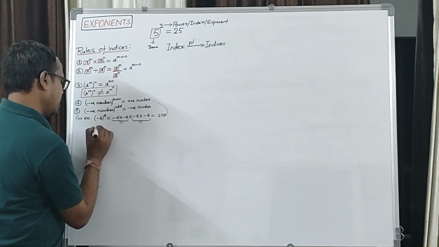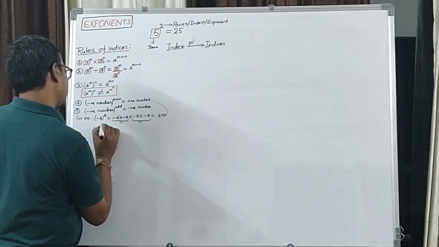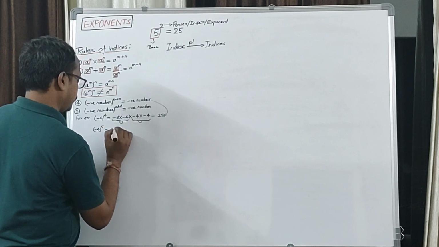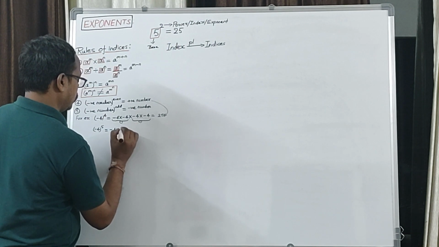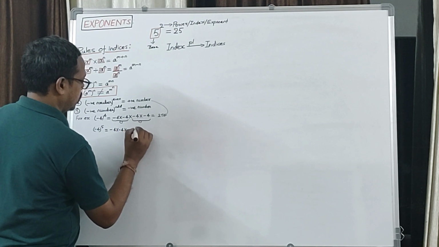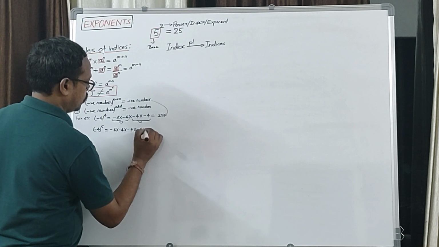What is the example of this? Same thing. Take minus 4, and in the form of the odd number, say 5. So can we write it as minus 4 into minus 4 into minus 4 into minus 4 into minus 4.